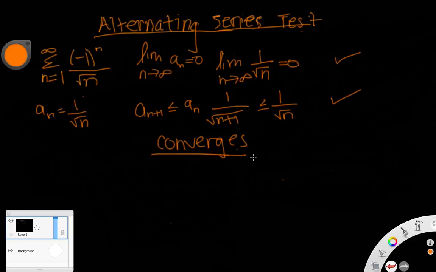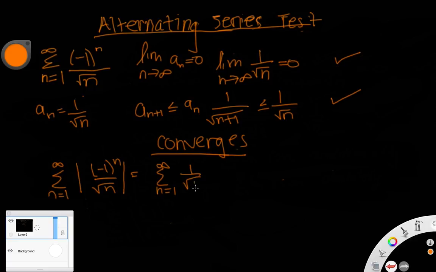But we're not done yet. Now we have to show whether this converges absolutely or conditionally. And to do this, we have to look at the absolute value of the alternating series. So the absolute value of -1 to the n over radical n. And that's essentially just the sum from n equals 1 to infinity of 1 over radical n.